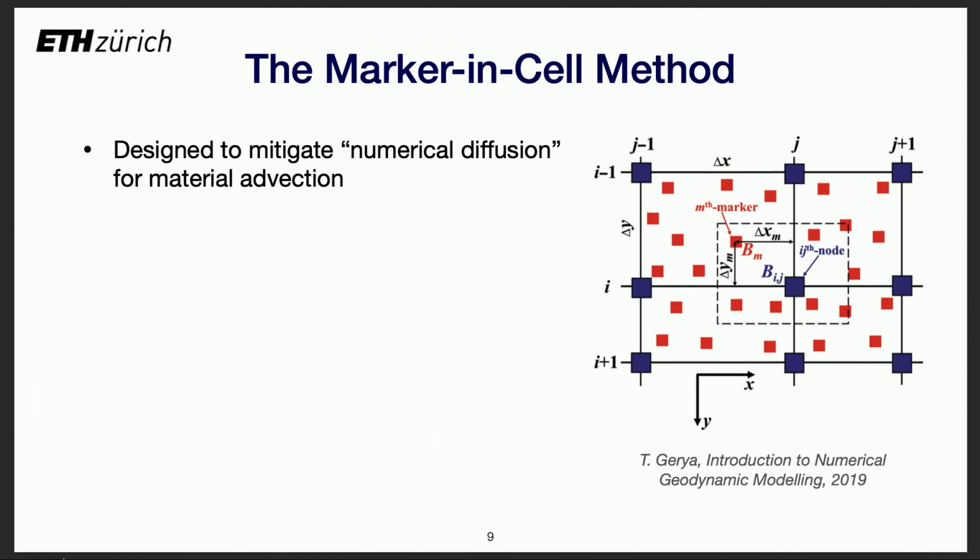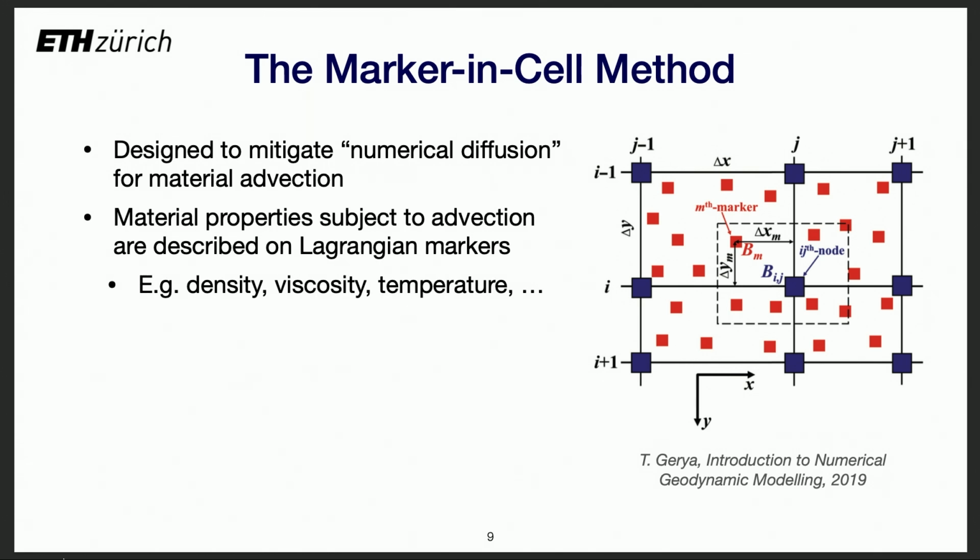Again, the idea of this marker-in-cell method is to mitigate numerical error introduced by moving material properties. This is especially important in this context because we have very sharp and very extreme properties. So really going about it in a different way, for example, trying to compute advection directly on the Eulerian grid introduces too much error that accumulates very quickly.